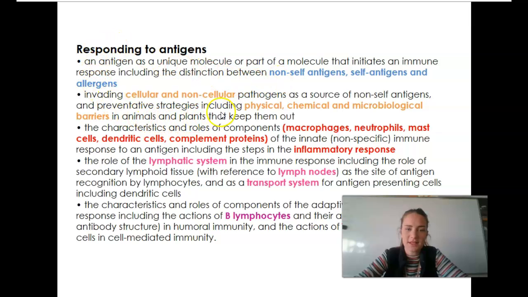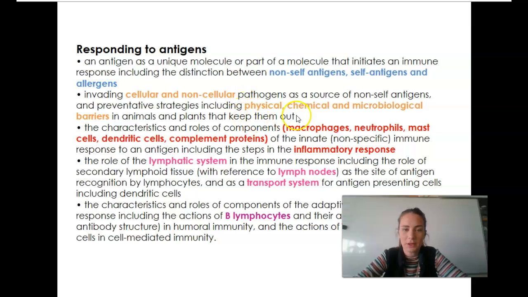Then the second dot point is strongly focusing on those pathogens. So that summary table in 7.1 of the different kinds of pathogens and what to focus on, and having a lot of detail really about viruses in particular and bacteria. That's one that we've already looked at. And now we're looking at the second sort of half of this dot point.